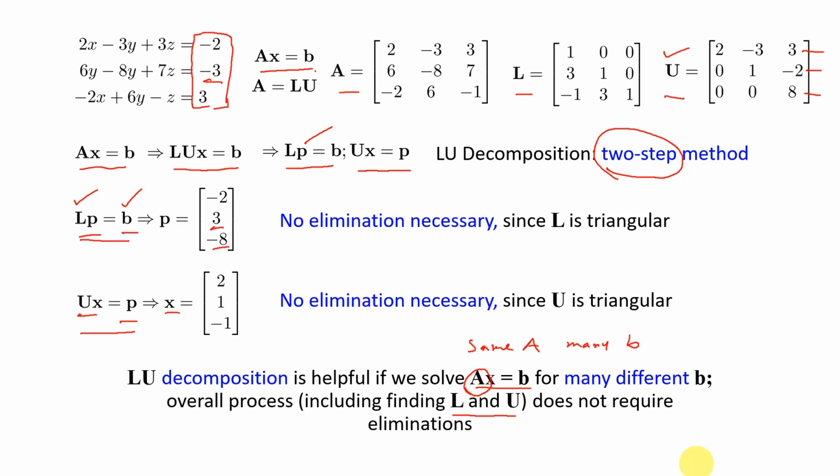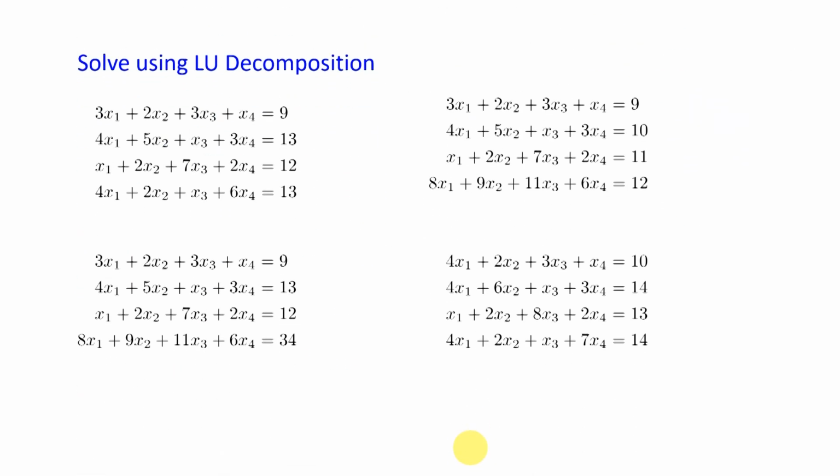The overall process of finding L and U, and after you find L and U, to find X at the end, does not require any elimination, and this is the real advantage of LU decomposition.